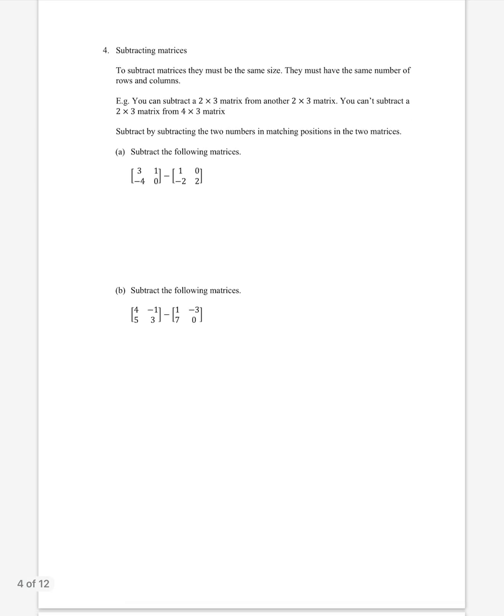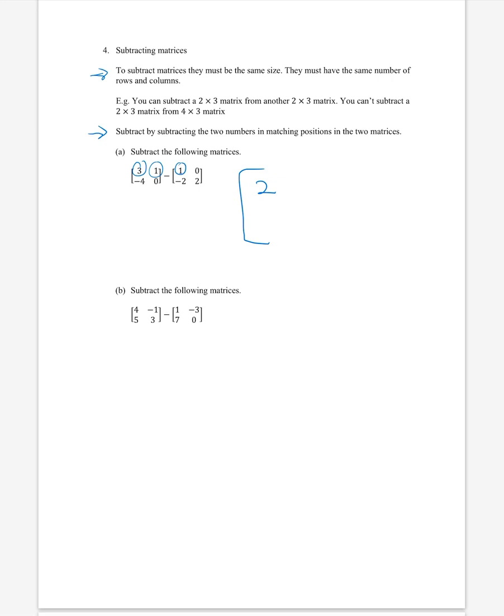Question 4, subtracting matrices. When we're subtracting them, the same rules apply as for adding. They've got to be exactly the same size, and you subtract the two numbers that are in matching positions. So on this matrix here, I'm going to go 3 minus 1 for the first.